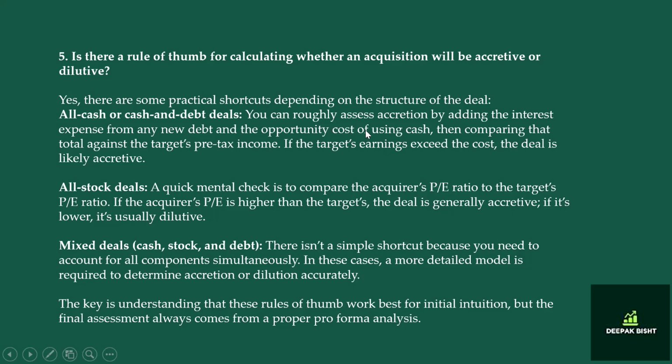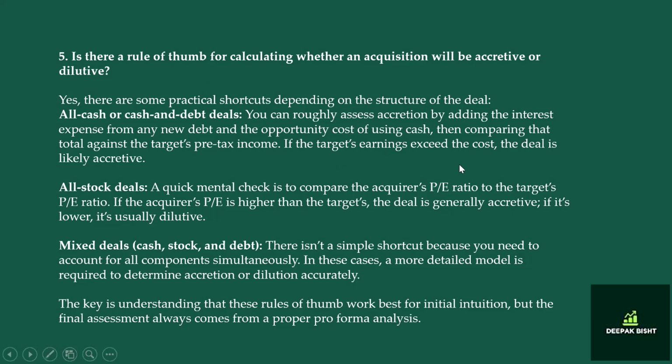So how do we manage the interest here? In accretion and dilution, the interest is added to the expense from any new debt and the opportunity cost of the cash, and then we compare the total against the target's pre-tax income.